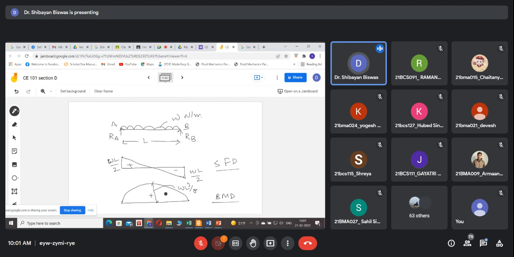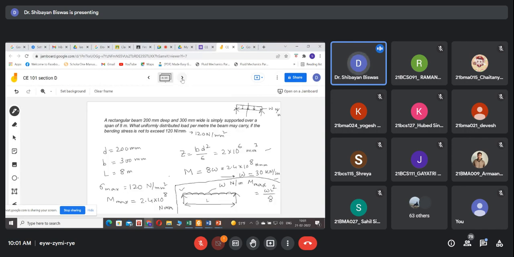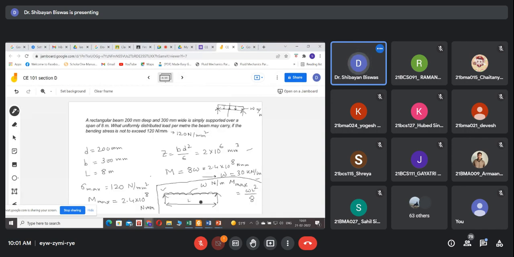So this is the maximum bending moment. How is it known? We also told that time that when the shear force becomes 0 at any section, the bending moment becomes maximum. In this case, we are using the maximum bending moment only because that is directly connected with the maximum stress generated.